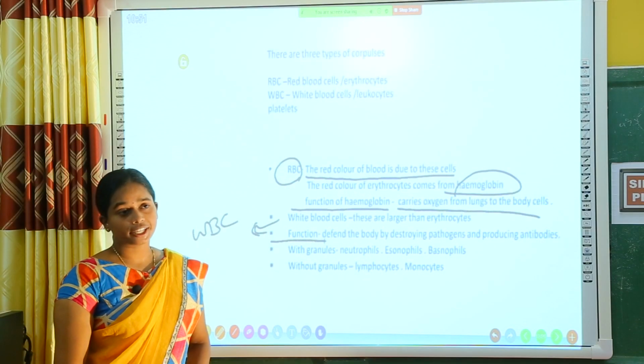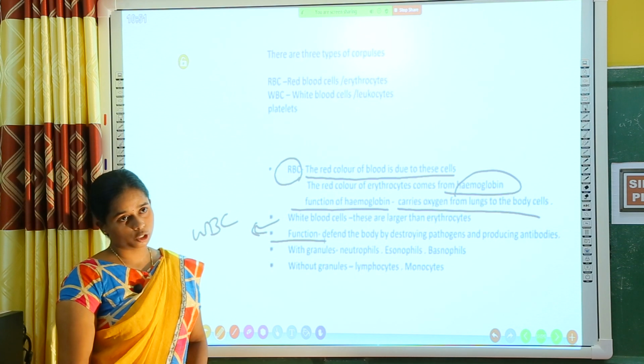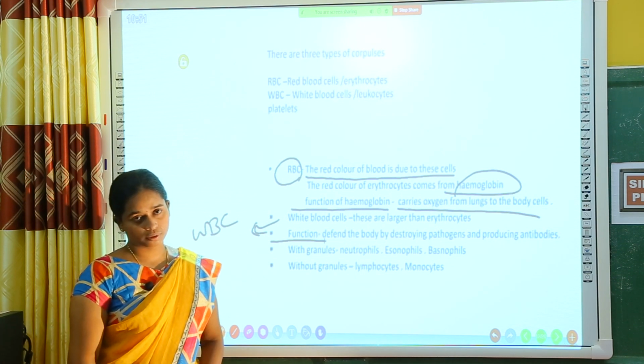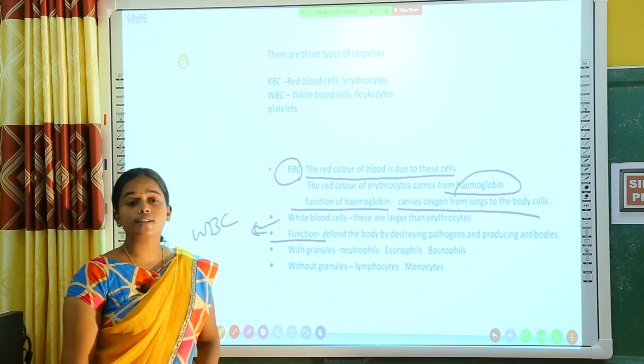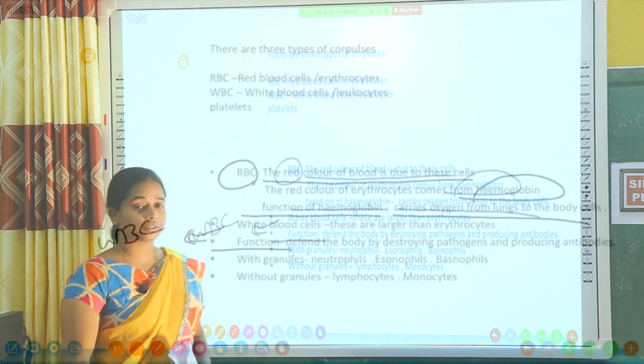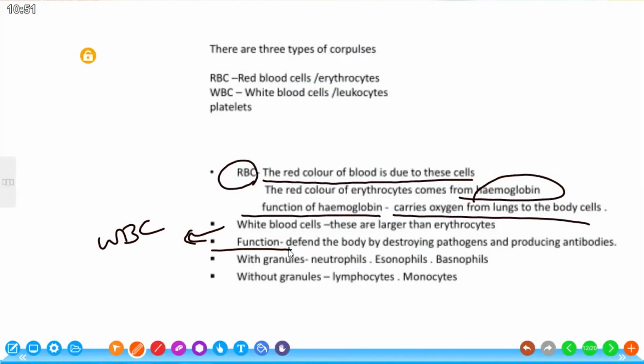Here also, we can divide the WBC, leukocytes, into those with granules and without granules. With granules, neutrophils, basophils and eosinophils come under granules, and without granules, they are lymphocytes and monocytes.